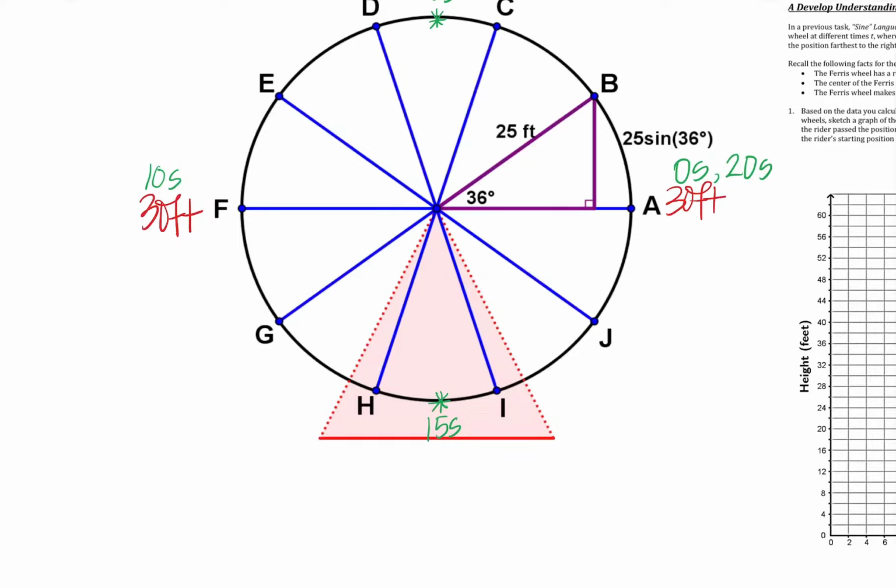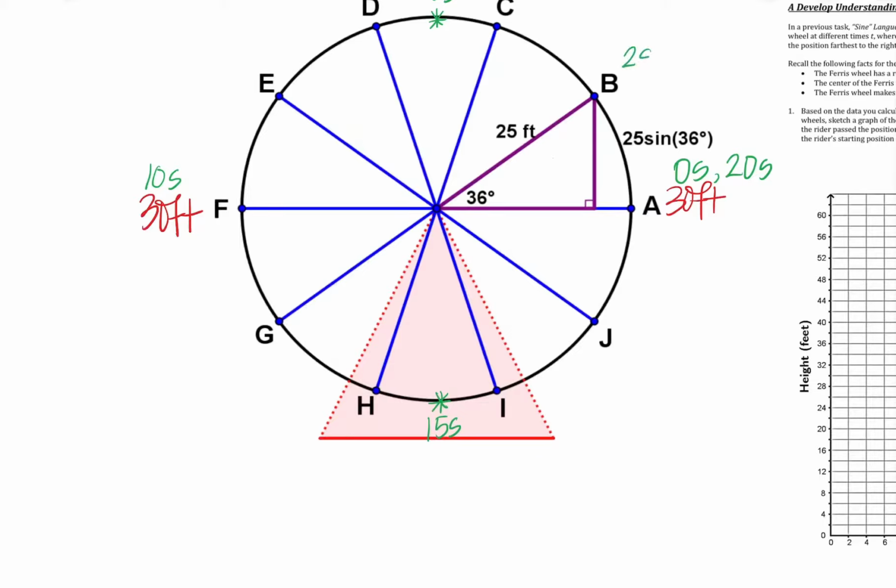But let's see if we can break up these increments at B, C, D, E, and all of those. The top half of the wheel has 1, 2, 3, 4, 5 sections. So in 5 of these evenly spaced sections, we're going to mark out about 10 seconds. Well, if all 5 of these sections perfectly marks out 10 seconds, each section has to be 2 seconds.